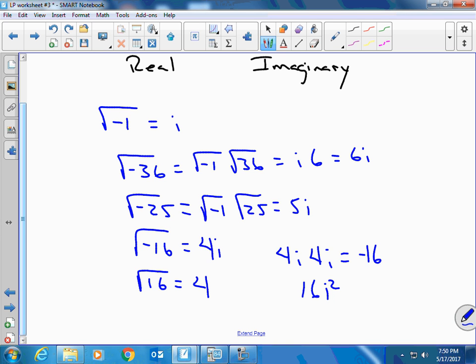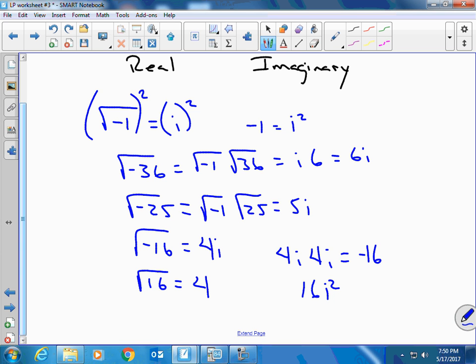Let's go back to our definition. The square root of negative 1 is equal to i. So if I don't know what i squared is, let's use that definition to find i squared. How is i compared to i squared? Well, it's squared, so let's square both sides. The square of a square root makes it go away, and I get negative 1.